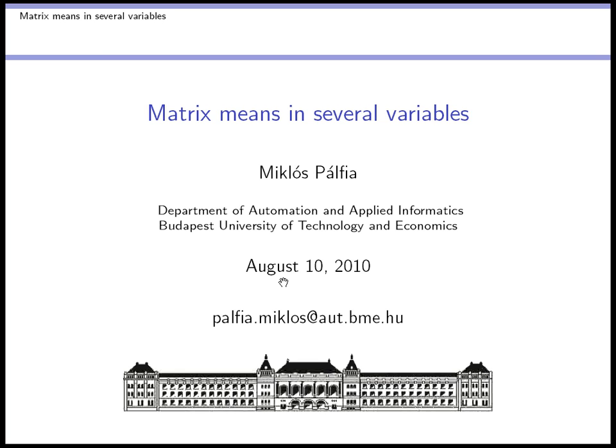Here is the matrix mean, and this is just the square root of a times b. The problem with that equation is that it is not Hermitian. A times b is not generally Hermitian, although a and b are Hermitian, their product generally is not. So it is problematic to take the square root, since it does not belong to the same set, the set of positive definite matrices.